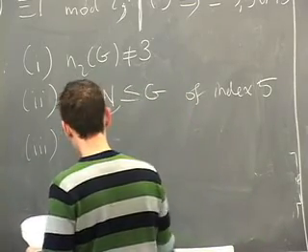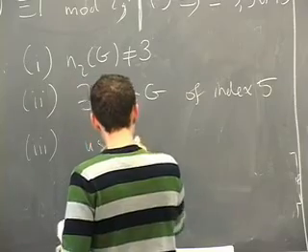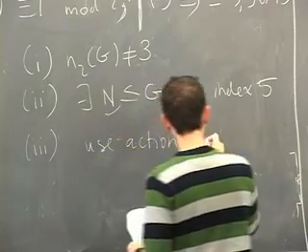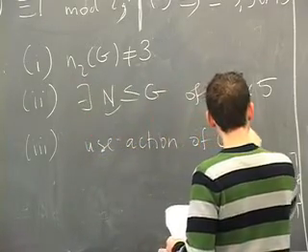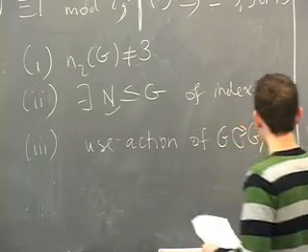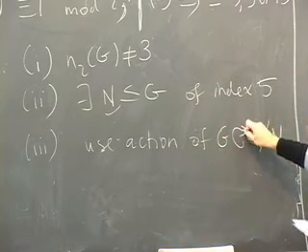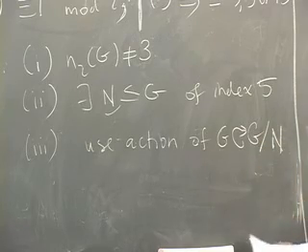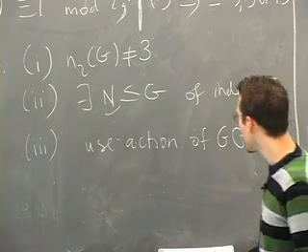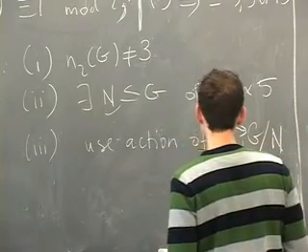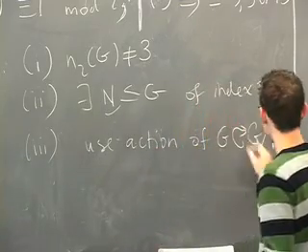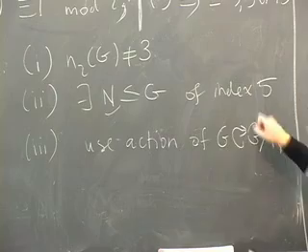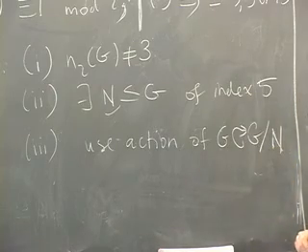And the third thing to do is to use the action of G on the coset space. If you have some group G, it certainly acts on its coset spaces by translation, by left multiplication. So if N has index 5, then this coset space has size 5.